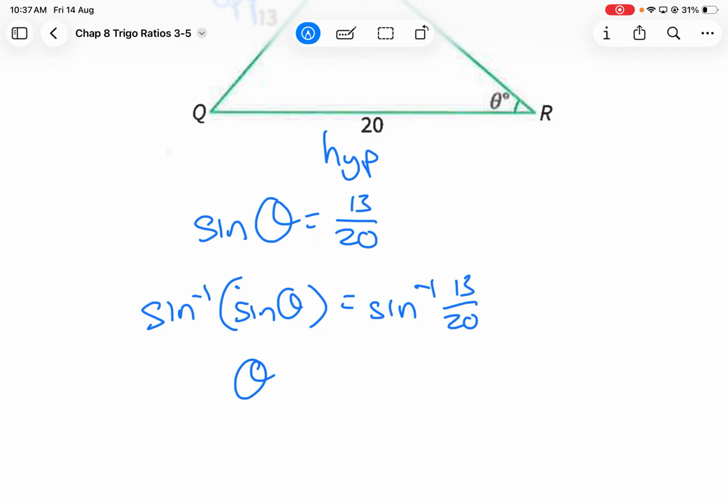The sine inverse cancels out the sine, I get back my angle. Then for the number, I just press into my calculator, because my calculator knows every ratio of all the angles. Then my calculator tells me it is 40.5.